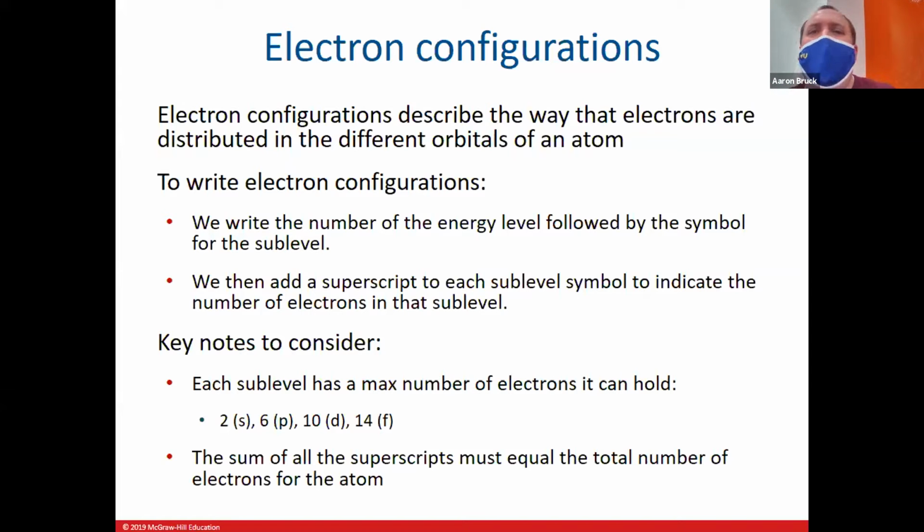We've talked about the idea of sublevels, meaning a group of orbitals that all have the same shape. The difference between the different orbitals is how they're oriented in three-dimensional space. So we talked about the S and how the S only has the one orbital.